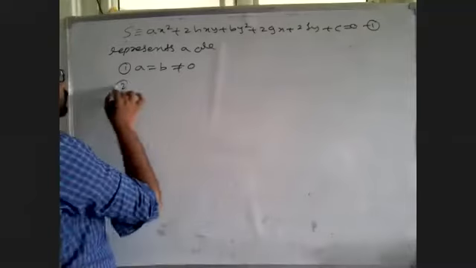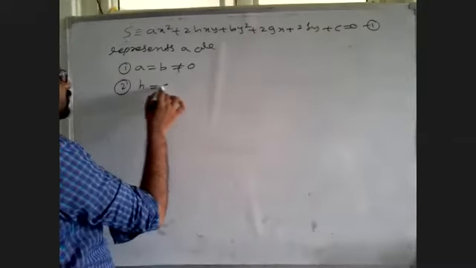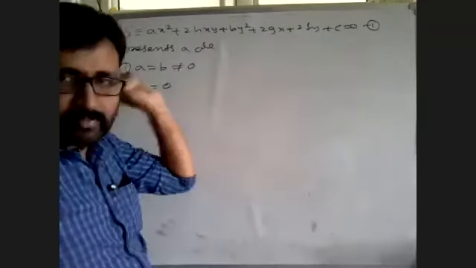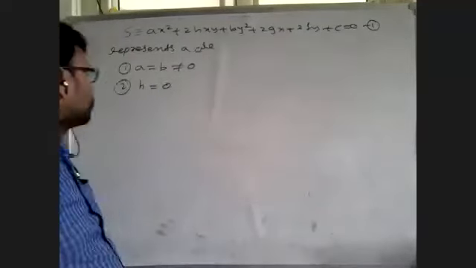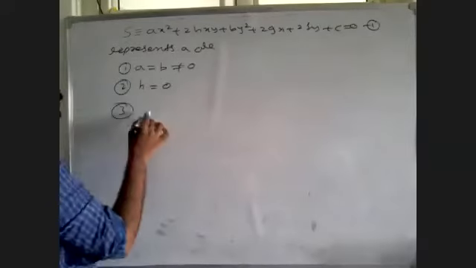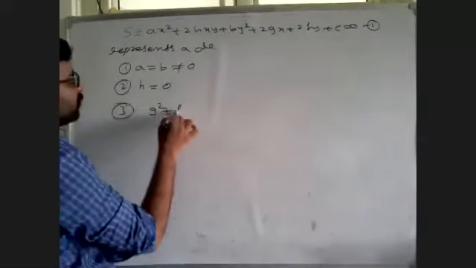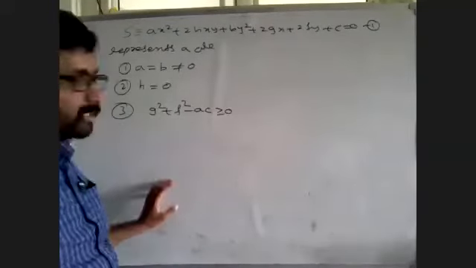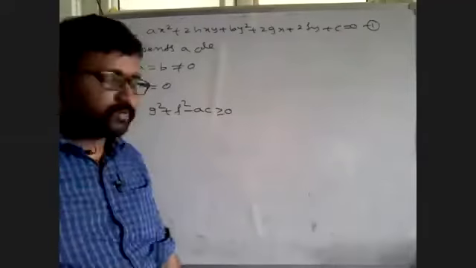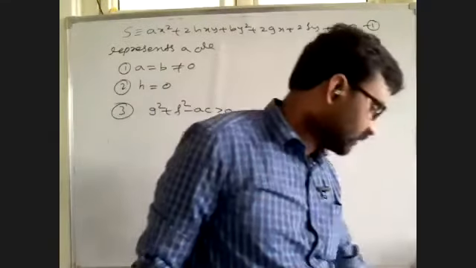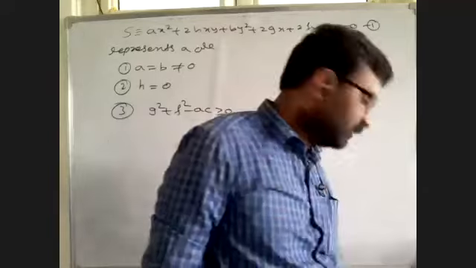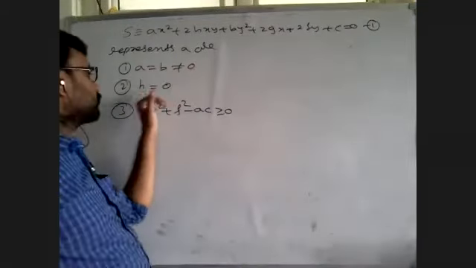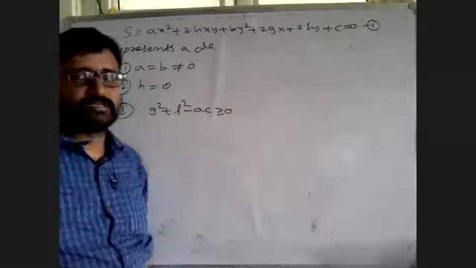Second condition, h should not be there, h should be zero. If h is there, it becomes a pair of lines, not a circle. Third one, g square plus f square minus ac greater than or equal to 0 is compulsory, because this is the radius. Remember: a equal to b not equal to 0, h equal to 0, g square plus f square minus ac greater than or equal to 0.